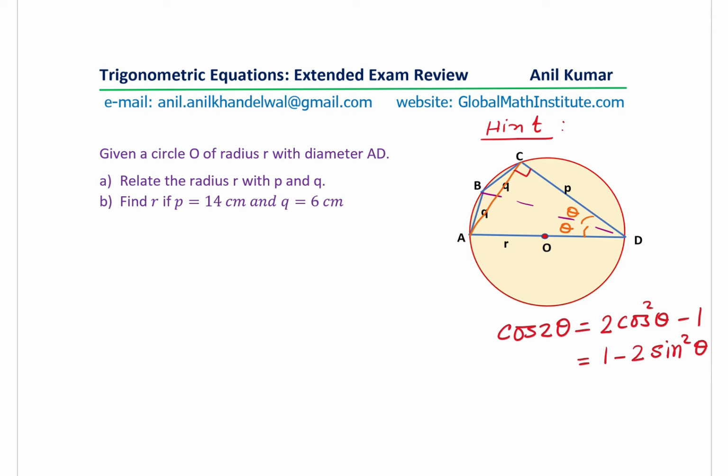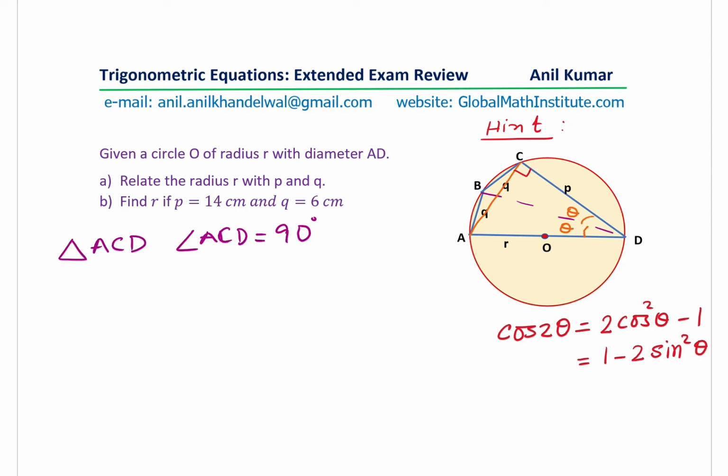Now let's consider the right triangle ACD, where angle ACD is equal to 90 degrees, since this is in a semicircle.